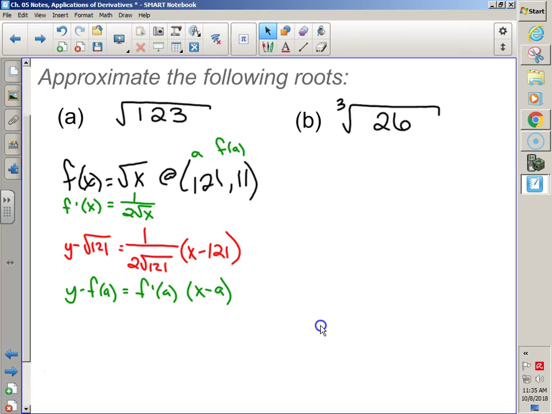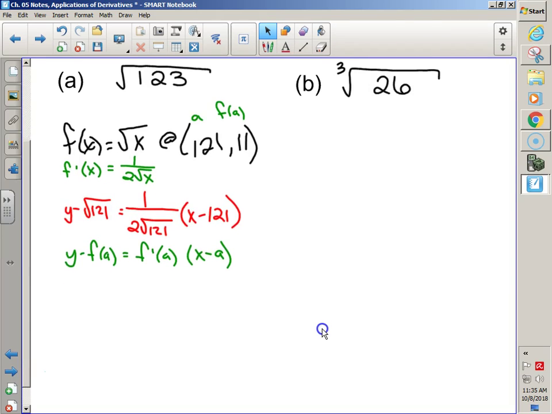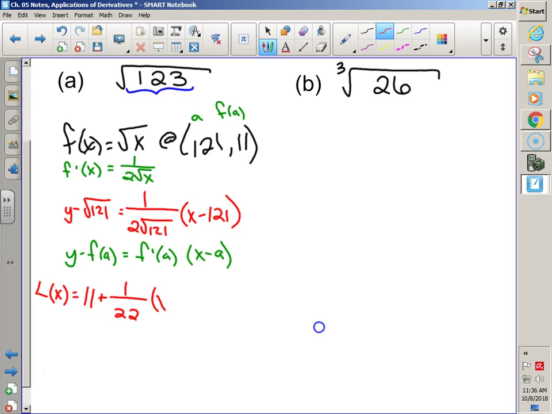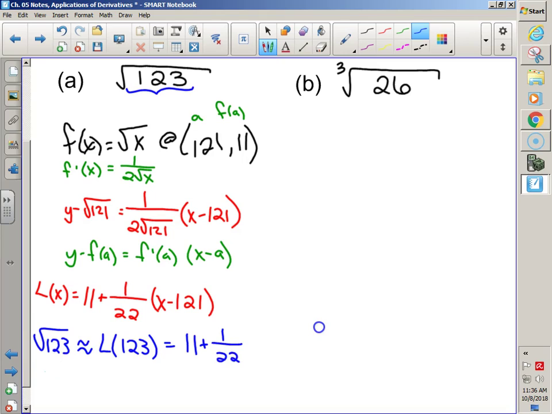Just in case I lost anyone, filling in why I did what I did. So the square root of 123, which is f of 123, will be approximated by the tangent line at 123, which, plug it in, oh, I don't know that.